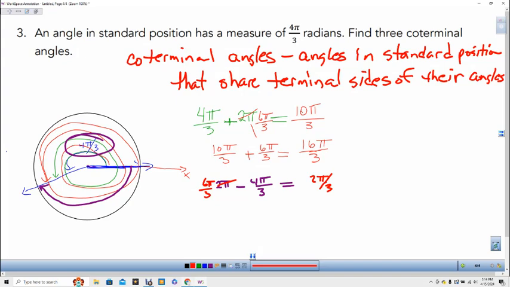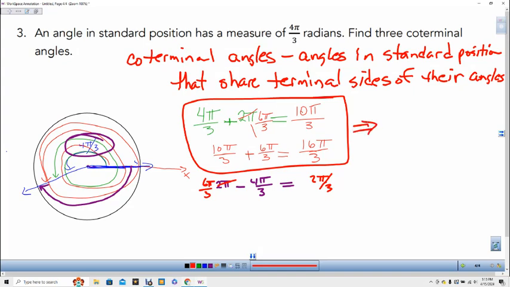All right, so the other way is akin to this one right here. If we can add 2 pi and add 2 pi and add 2 pi and get coterminal angles, guess what we can also do? We can take it from 4 pi over 3 and subtract 2 pi, subtract 2 pi, subtract 2 pi. So in the same way we did this, we could do 4 pi over 3 and subtract 6 pi over 3.